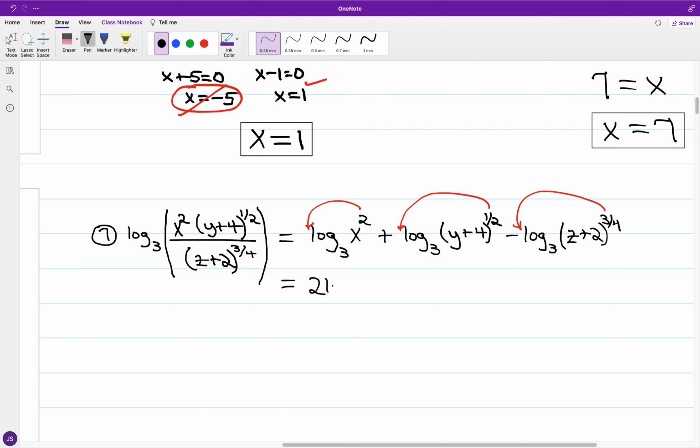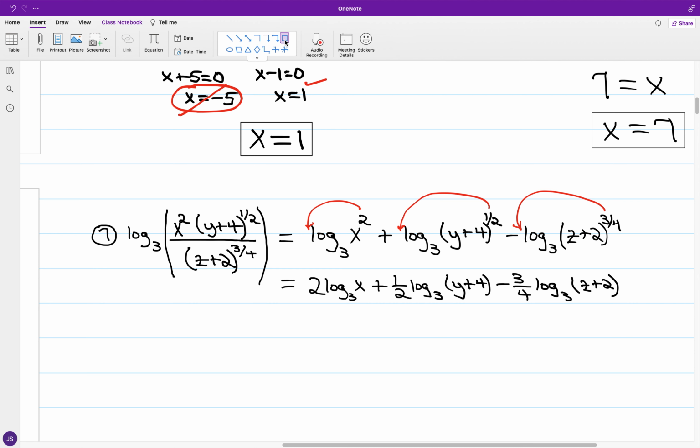So for the first term, we're going to have 2 times the base 3 logarithm of x, plus 1/2 of the base 3 logarithm of the quantity of y plus 4, and we'll have minus 3/4 of the base 3 logarithm of the quantity of z plus 2.